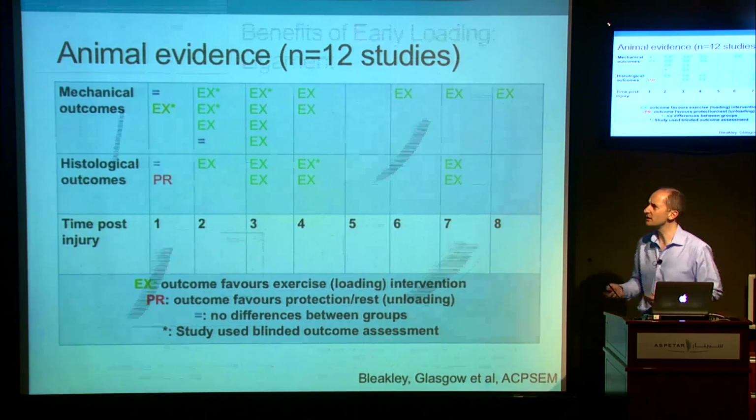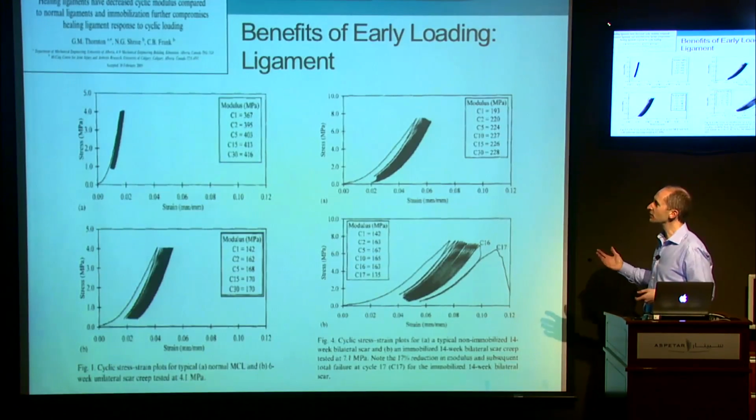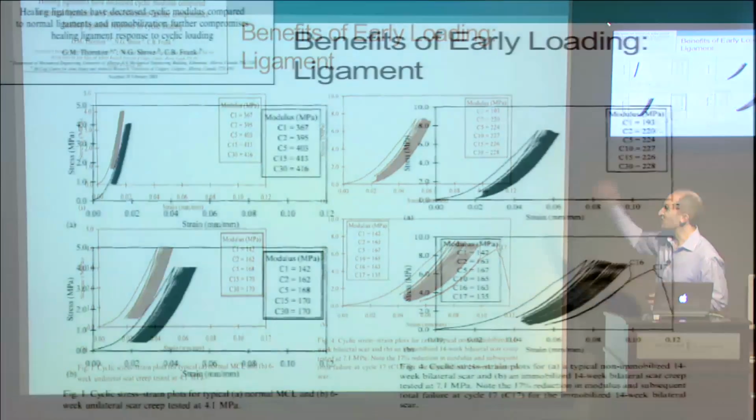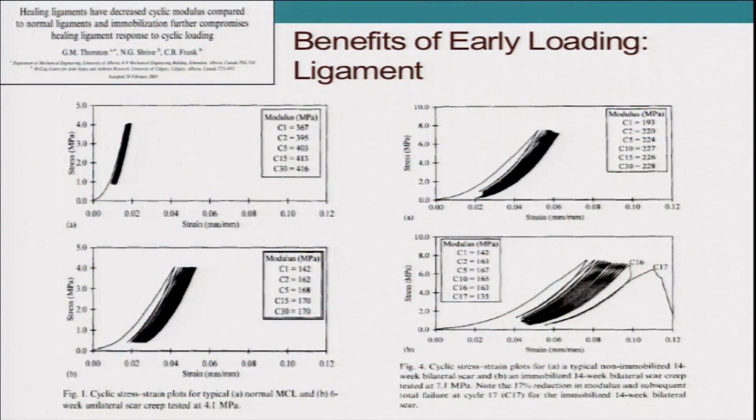So what does that look like? Well, in terms of ligament loading, and I won't go into too much detail in this study, this was a rabbit model of an MCL. Here we see the normal stress-strain curve of repeated cyclical loading of a ligament. What you see is a tiny little bit of normal hysteresis and creep, but not anything too significant.